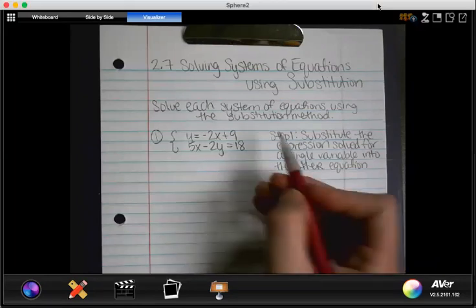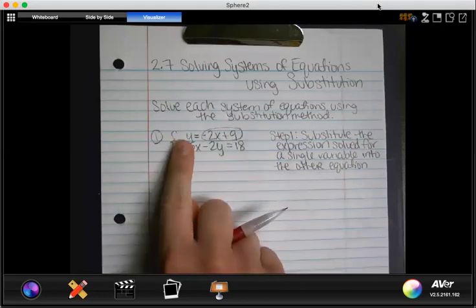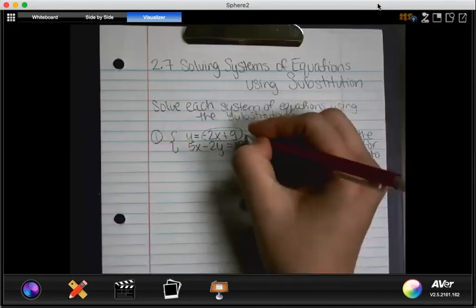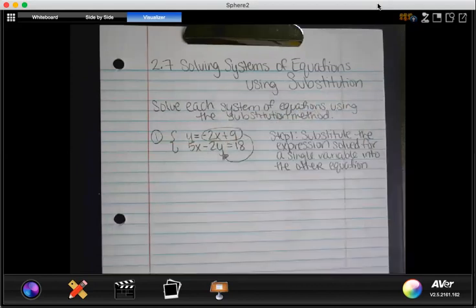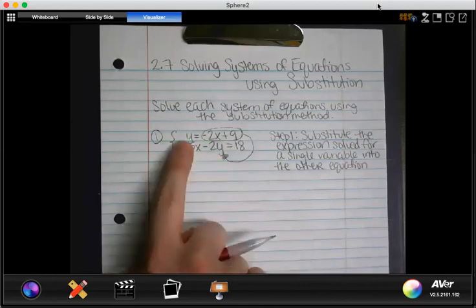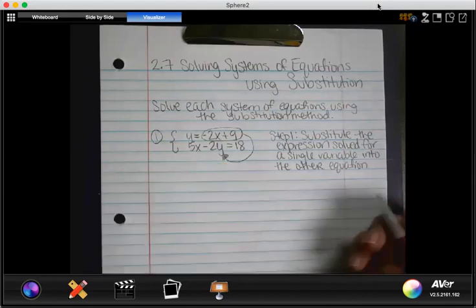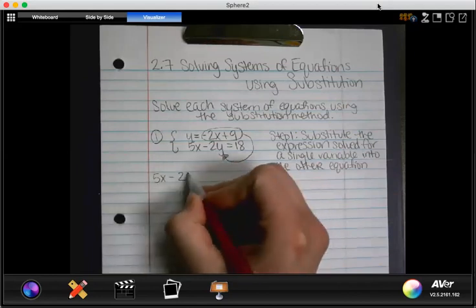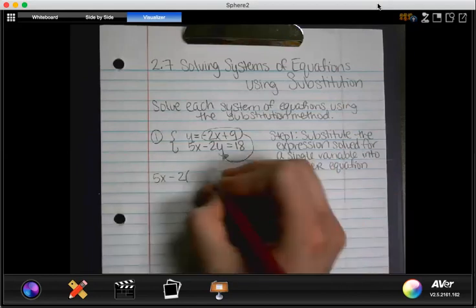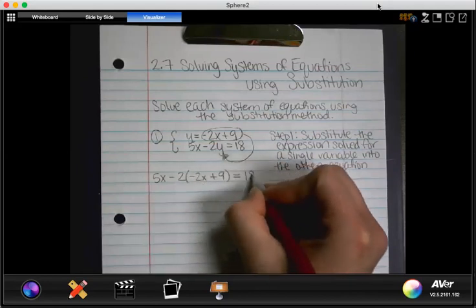That means we're going to take this expression that is solved for a single variable, and we're going to substitute it in for that variable in the other equation. So we're going to take negative 2x plus 9, and we're going to substitute it for y in the second equation. What will that look like? We will have 5x minus 2, and rather than times y, we're going to times negative 2x plus 9, and it'll be equal to 18.